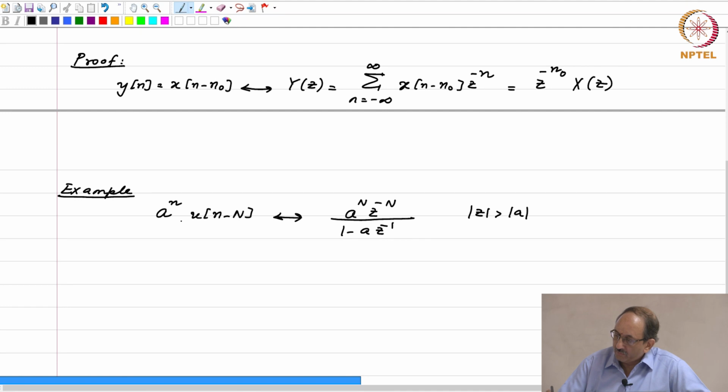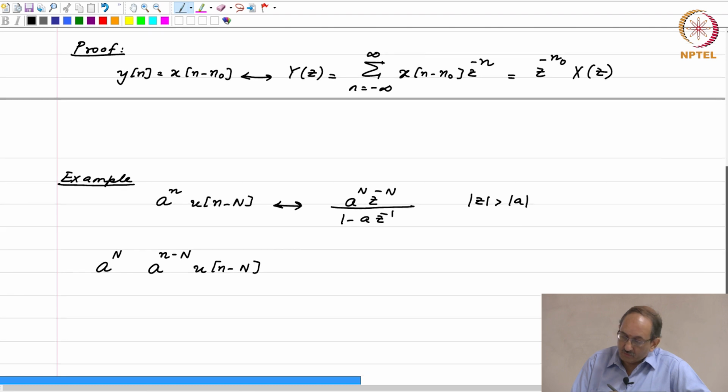And to derive the transform of this, you can write this as a to the cap n, a to the n minus cap n, u of n minus cap n. So, nothing has changed.